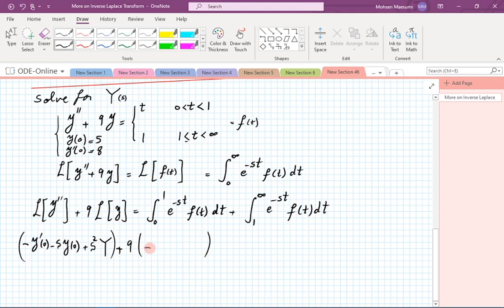That was, we said, minus y0 plus s times the Laplace transform of the function itself, which is now just capital Y. On the right-hand side, we have the integral from 0 to 1 of f of t, which at the beginning is just t, times exponential of minus st dt. And the second piece becomes easier, it's just 1, from 1 to infinity, that is 1 times exponential of minus st dt.